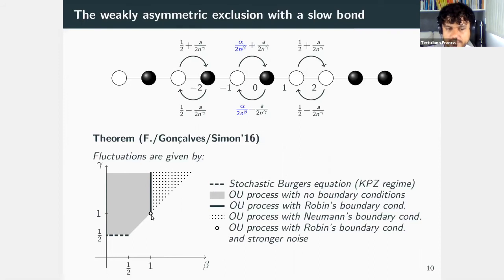And this special triple point here is also an Ornstein-Uhlenbeck process with Robin boundary condition, and a stronger noise at this precise point, when beta is equal to 1 and gamma is equal to 1. This is the picture of the fluctuations in the weakly asymmetric exclusion process with a slow bond. Here there is a competition between the drift to the right and the strength of the slow bond to block the system.